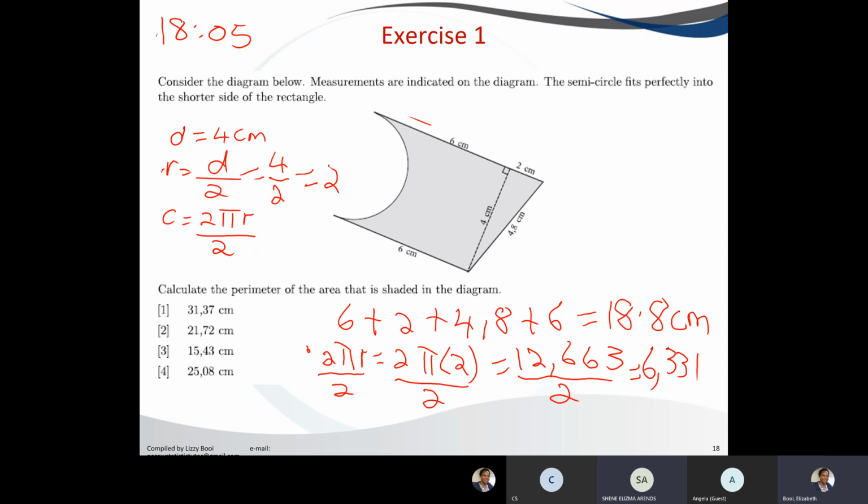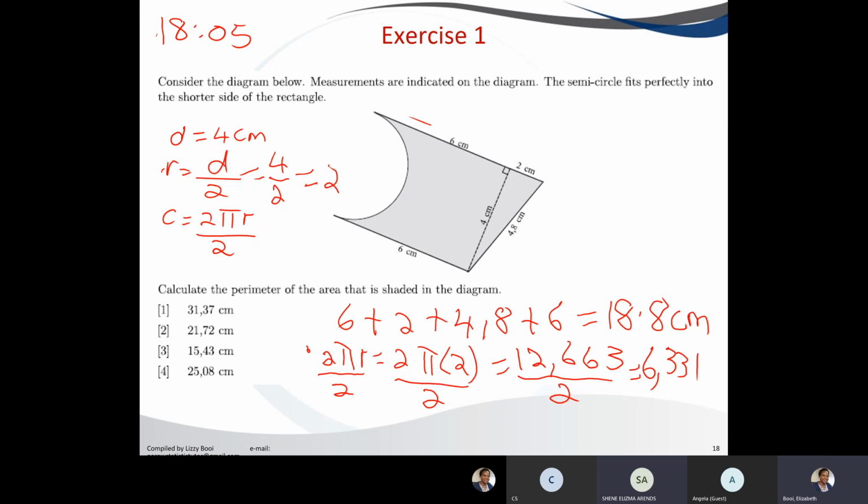I don't know what kind of calculator you used. Are you sure you got 12.663 or 12.566? Because what I did was I took 2 and then multiplied by pi and then multiplied by 2, which is half of the diameter. And then I got 12.5663. Then I took the 18.8 centimeters and added the two numbers together.